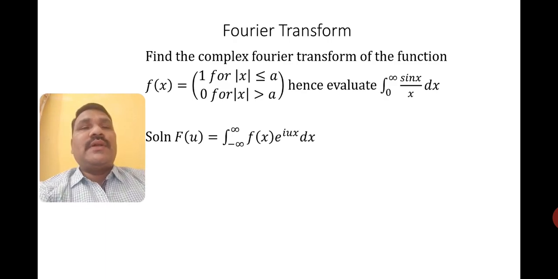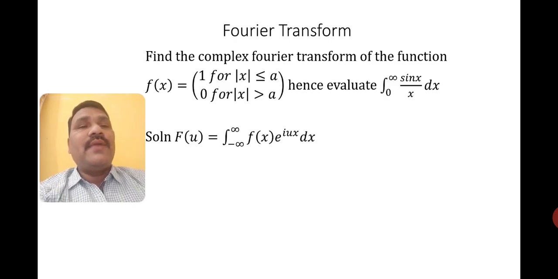F of u is equal to integral minus infinity to plus infinity f of x e to the power iux dx. Now in the given problem they have given less than or equal to a, but the actual formula is minus infinity to plus infinity. Now you have to break it in terms of the interval given for the function, that is a.